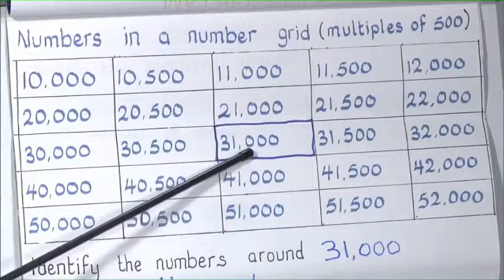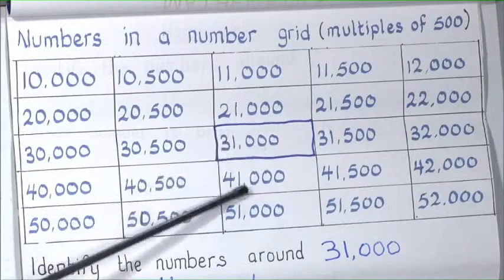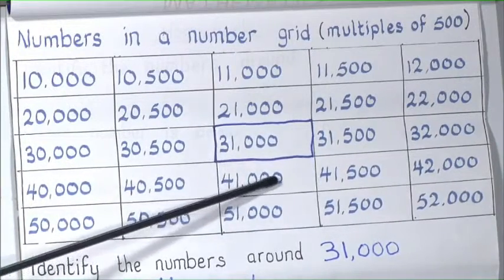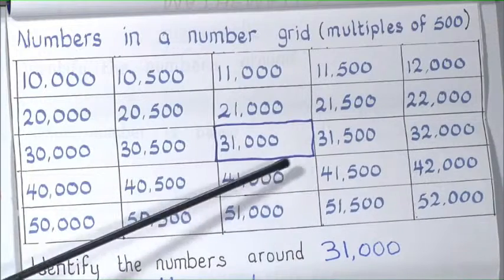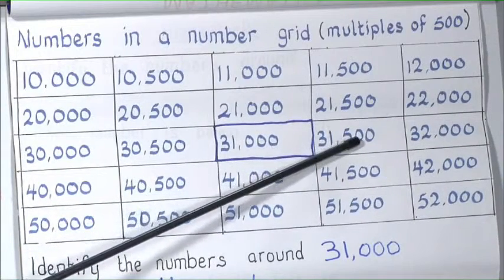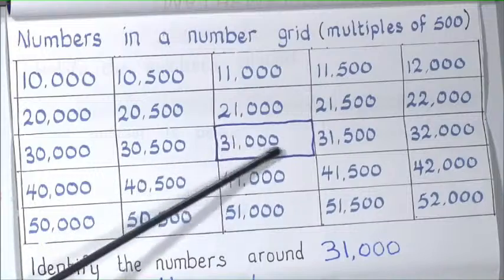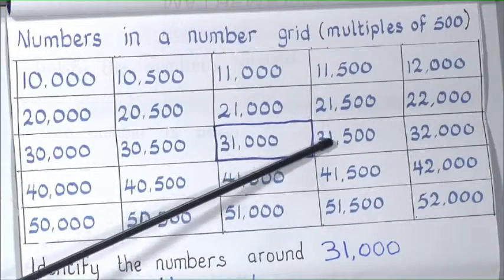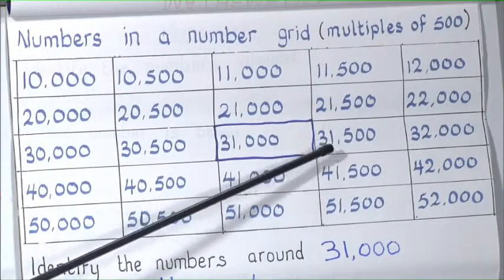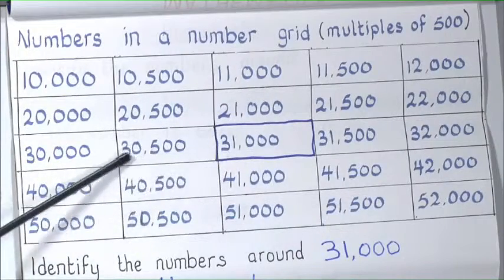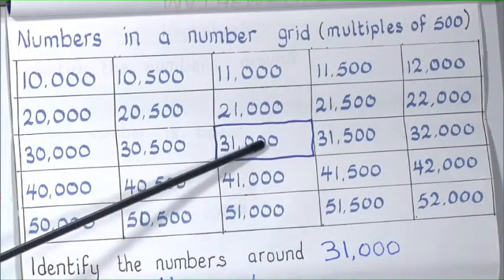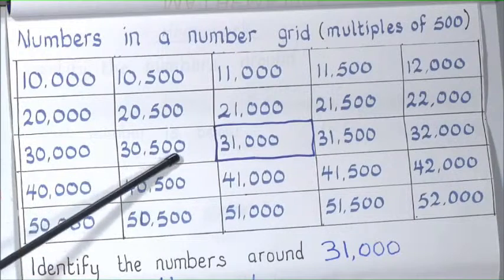The number which is below 31,000 is what? 41,000. The number which is to the right of this 31,000 is 31,500. And the number which is to the left of this 31,000 is what? 30,500.